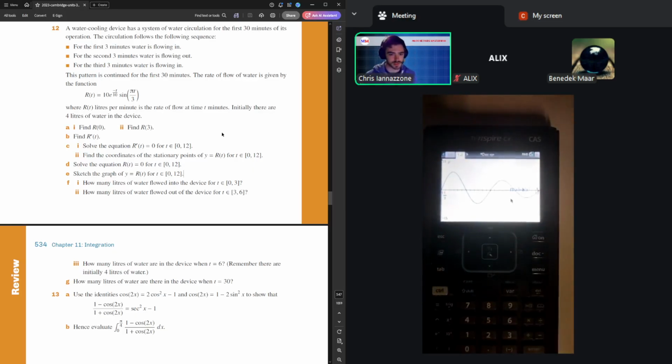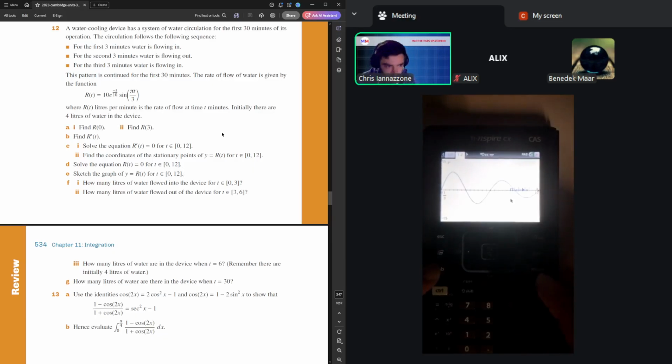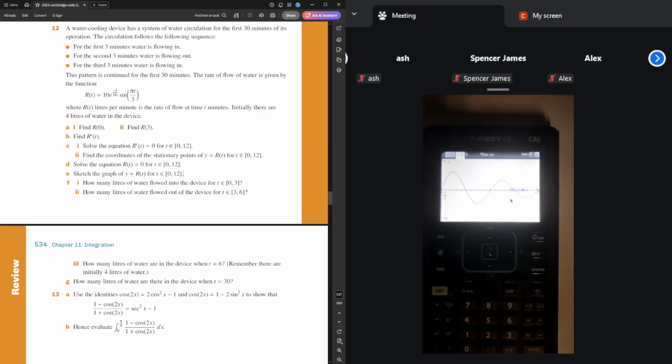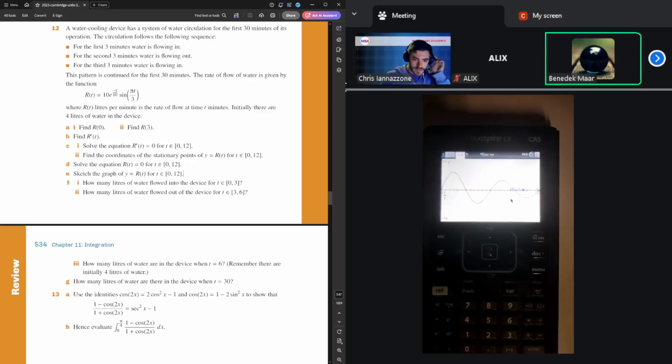If you have a look at the function definition itself in the actual textbook, you've got an exponential multiplying a sine graph. Can anyone, based off of that function, explain why we're getting this sort of behavior? Negative fractional decimal. Yeah, exactly.